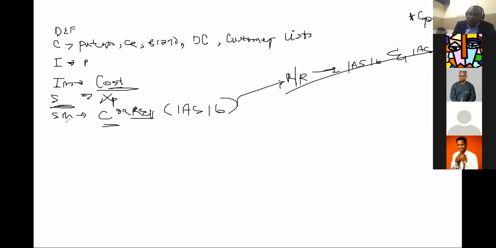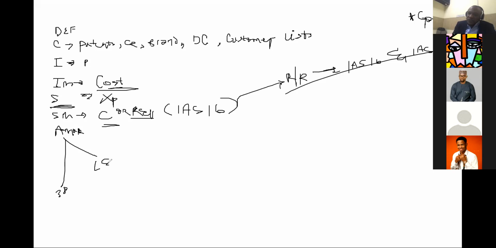So that's our subsequent measurement. Now we go to amortization rather than depreciation. The difference between any intangible asset, and I'm saying any intangible asset, including the IAS 38 intangibles, and even leases too, because a lease is a contract.